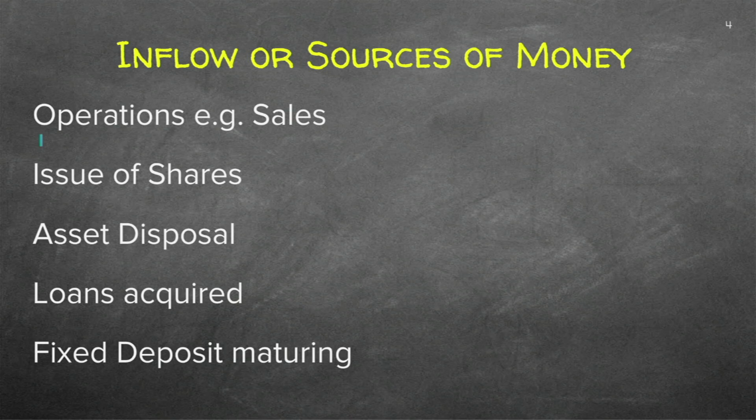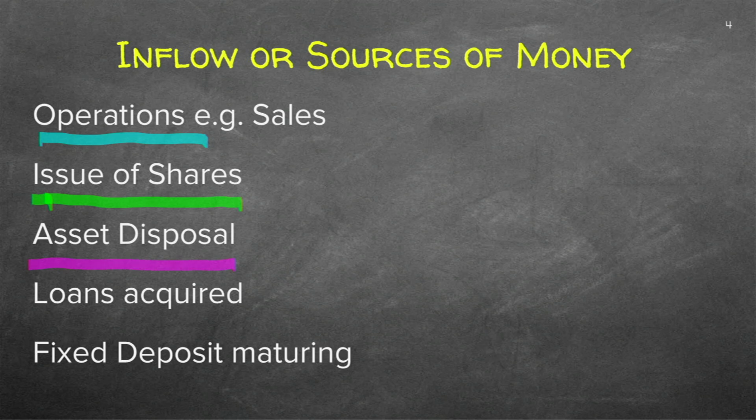So we can have operations, which refers obviously to items such as our sales, the issue of shares. Obviously, whenever we sell shares, money is flowing into the business. And likewise with the asset disposal.